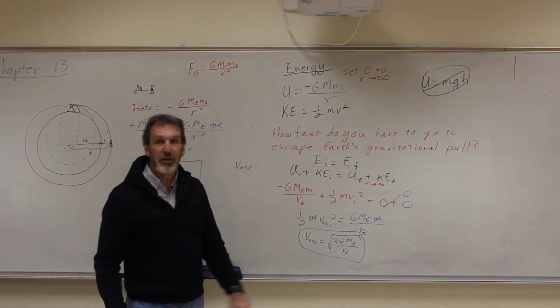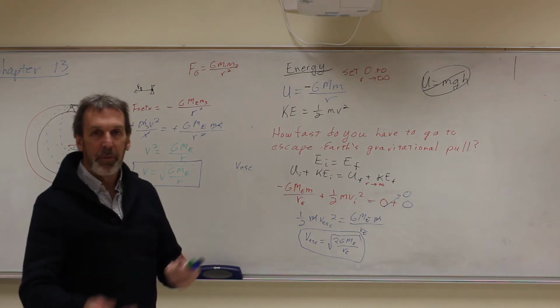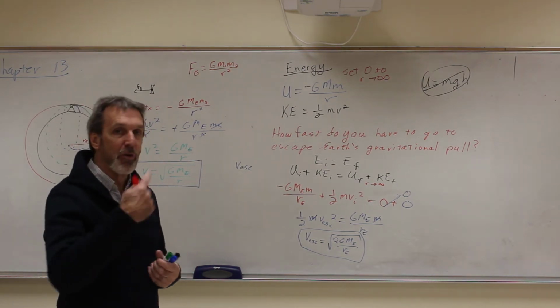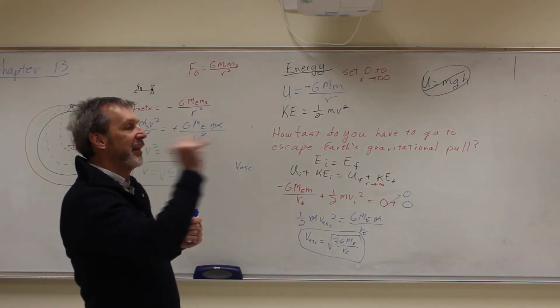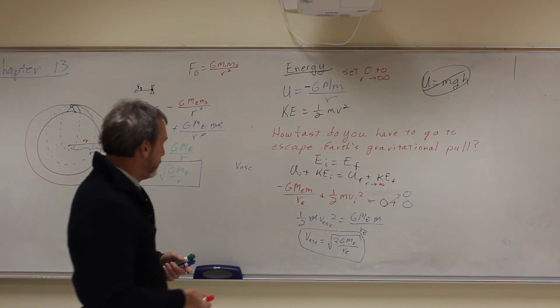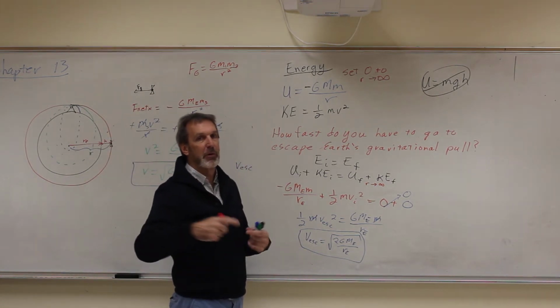Remember, the square root of 2 is about 1.41. You have to increase your velocity by about 40% to go from circular orbit to getting enough energy to go to the moon or to get away from the Earth. Or you just go this fast right to begin with, and then you just keep going.